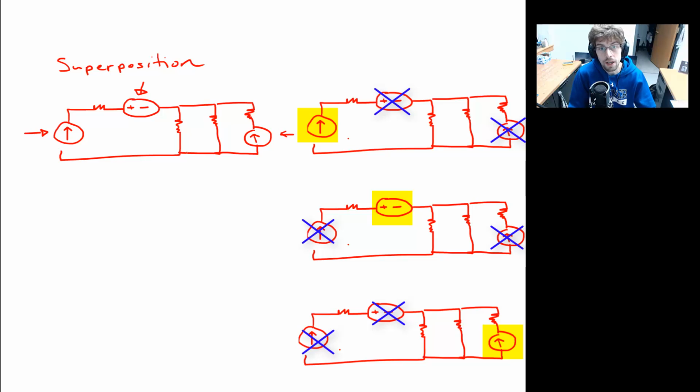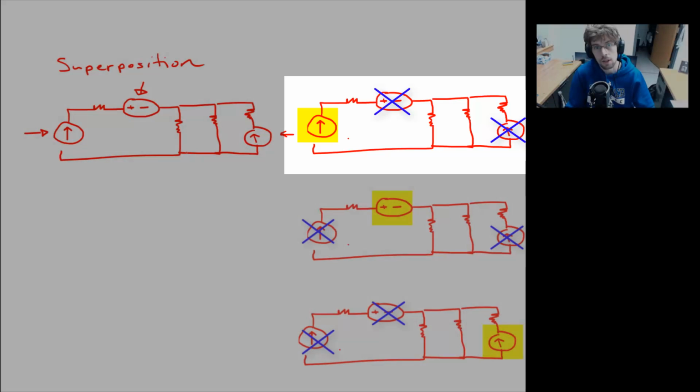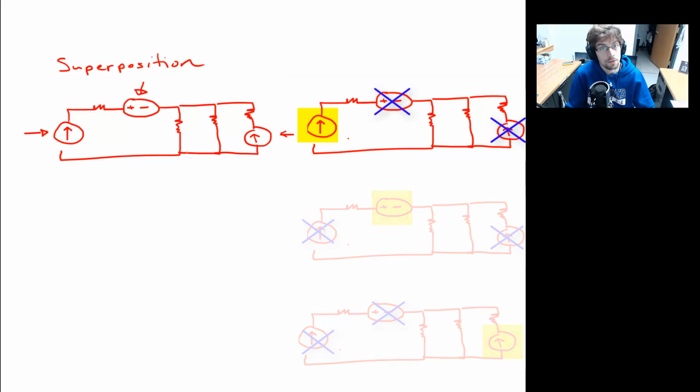However, sometimes you'll have questions where you want to know the contribution of an individual source to the overall function of the circuit. And then the principle of superposition will help you out immensely. So again, it depends on the situation. It's going to depend on what question you're trying to answer as to the utility of this method. That being said, we still need to know how to do this method.